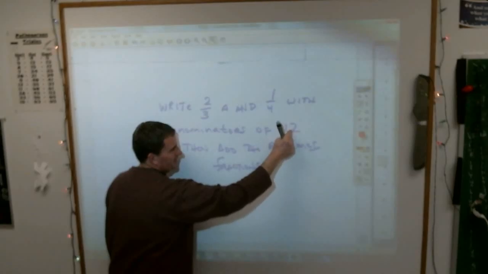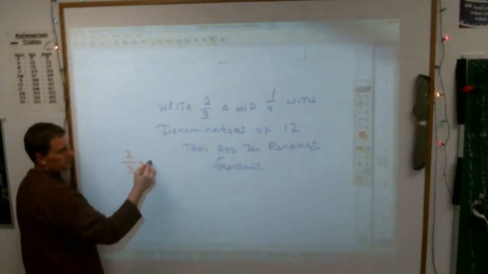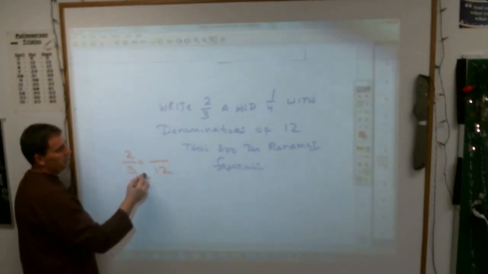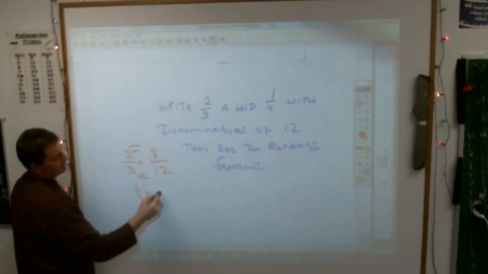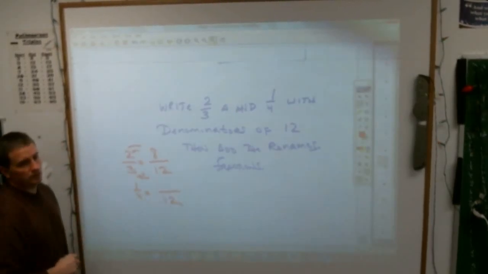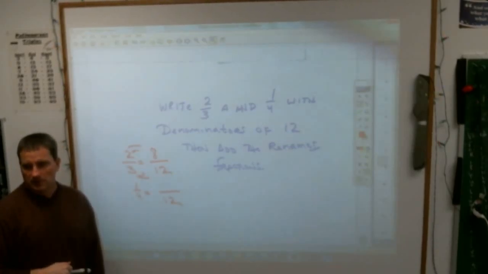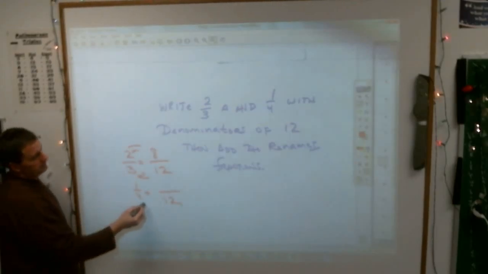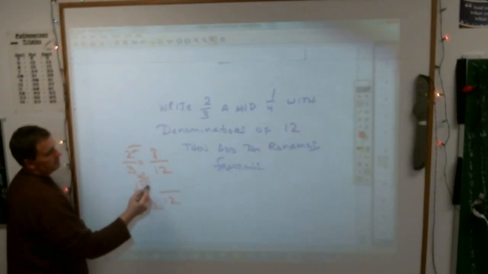Change them so they have a denominator of 12. 2/3 equals what with the denominator of 12? 3 times 4 is 12, so 2 times 4 is 8. 1/4 equals what over 12? Multiplying by 3, so 1 times 3 is 3.